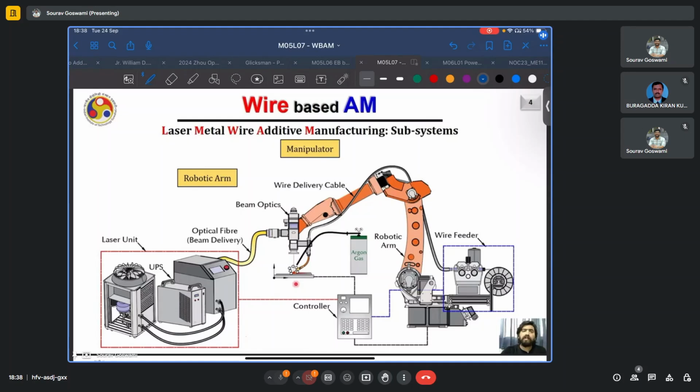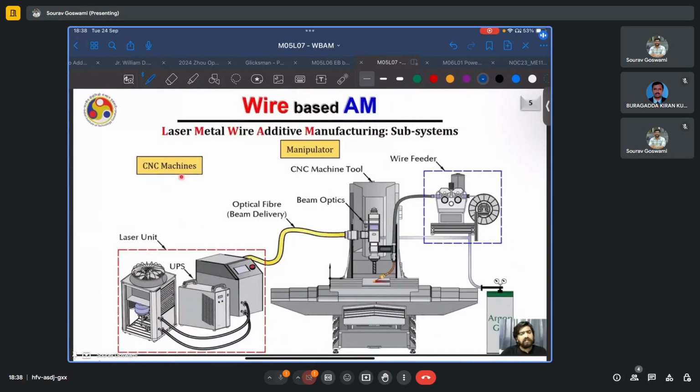There is also a constant flow of argon gas to shroud the melt pool from neighboring atmosphere, and also to protect the laser optics. A wire feeder is used to feed wire into the metal deposition head, and it is extruded using a pinch roller assembly or a similar mechanism.